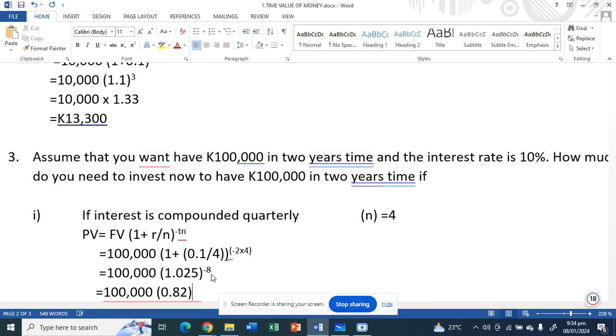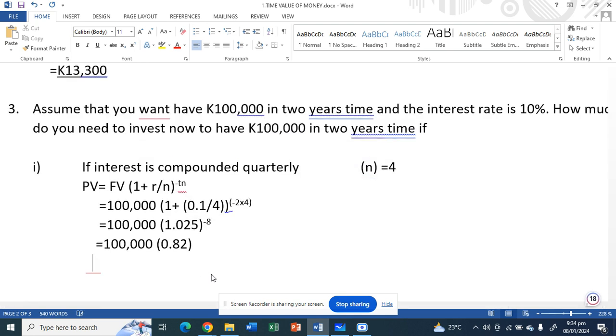Hundred thousand multiplied by 0.82, you get 82,000. So if you invest 82,000 now and the interest is compounded quarterly, in 2 years' time, you're going to have 100,000.